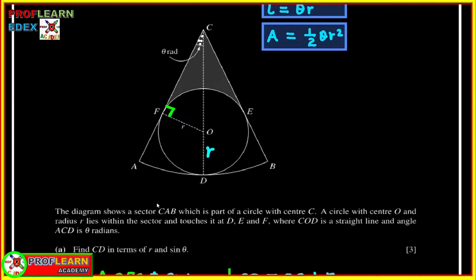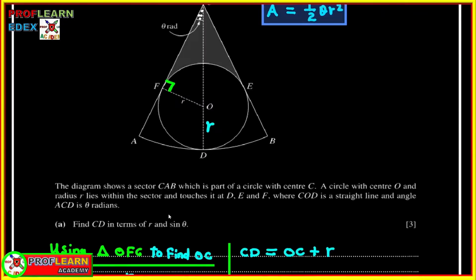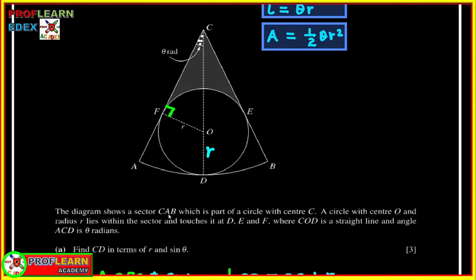So we need to find the angle that we have at F or C. Since we know what the angle theta is, we can find angle F or C, which will be used in working out this question.